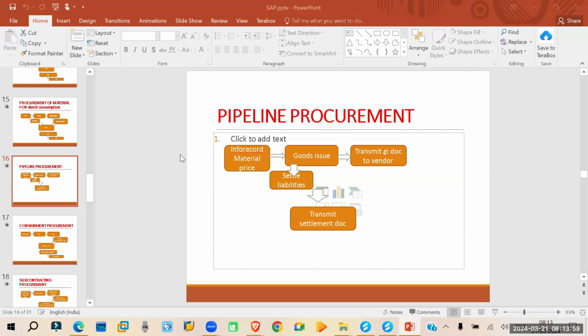Whatever quantity of goods you have issued from the supplier, you have to send a document saying I have consumed this much quantity, for this month or 15 days period, whatever has been maintained in the info record, like how much time is required for settlement.